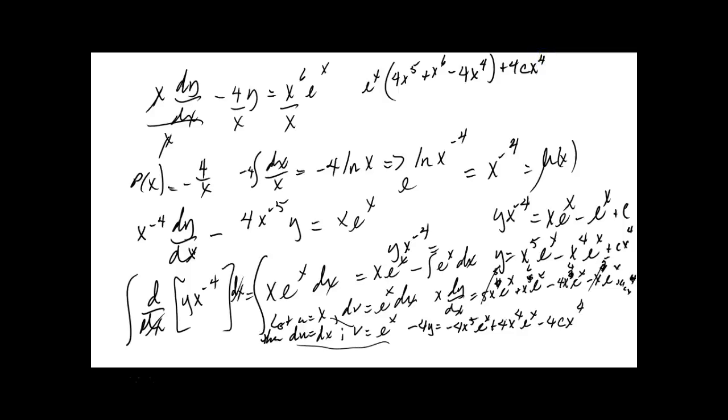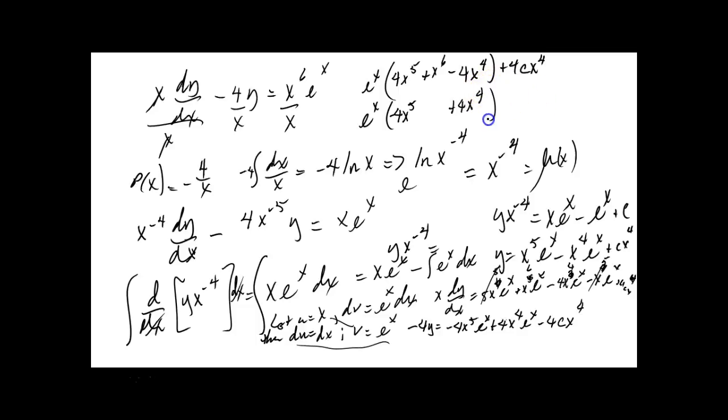Now let's do the same thing with our minus 4y part. Again, you have e to the x's by a bunch of these, and the first one here is going to be minus 4x to the fifth. The next one's going to be plus 4x to the fourth.